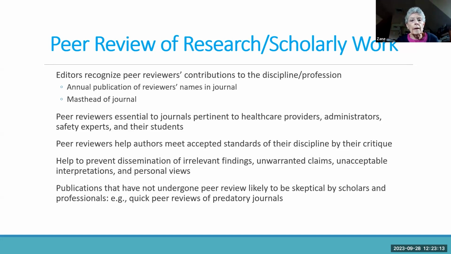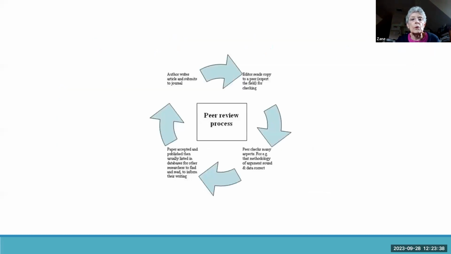And one of the things that there's a lot of discussion about in the nursing editor world is the concerns that we have with predatory journals and also predatory conferences. So we have to rely on the fact that it does take a bit of time to do a peer review, and it's important to be skeptical about some of these journals.